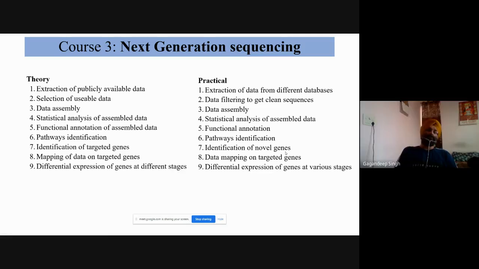Okay. Then this is the third part of our course where we learn about next generation sequencing. First of all, what is next generation sequencing and what is its importance? Everybody may be aware; if not, then I'll tell you. In this era of whole genome, transcriptome and metabolome, many countries are moving towards personalized medicine.